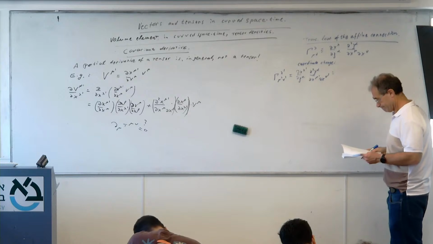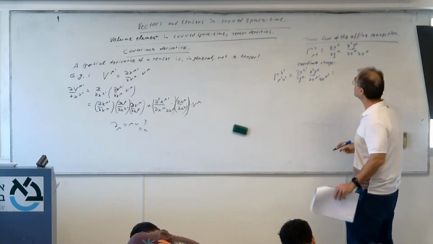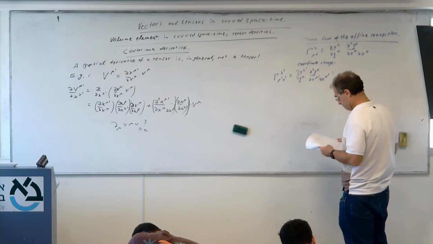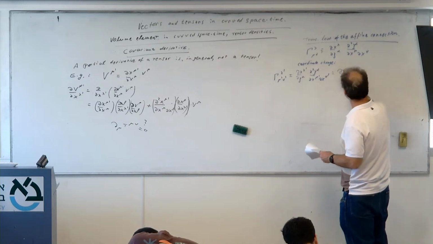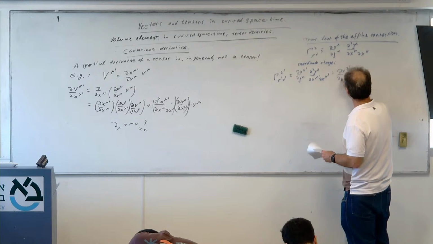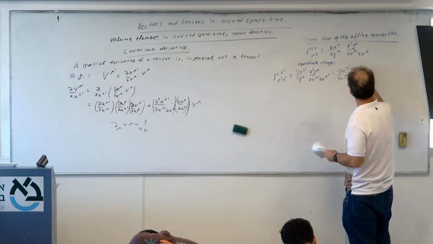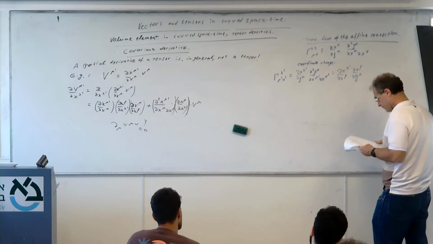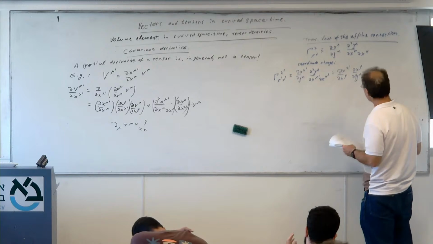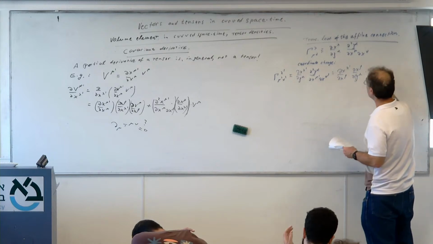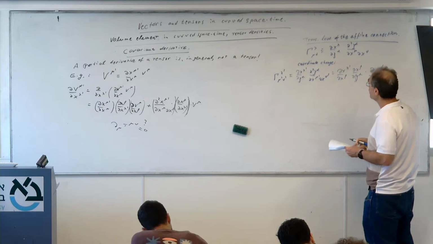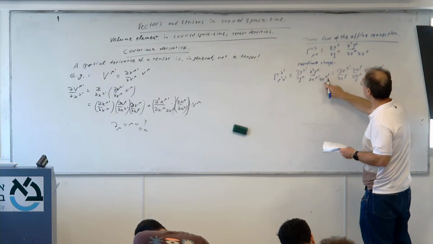So let's try to express that in terms of the old coordinates, right? So we have ∂x^λ'/∂x^ρ ∂x^ρ/∂ψ^α times ∂/∂x^μ' of ∂ψ^α/∂x^ν'.